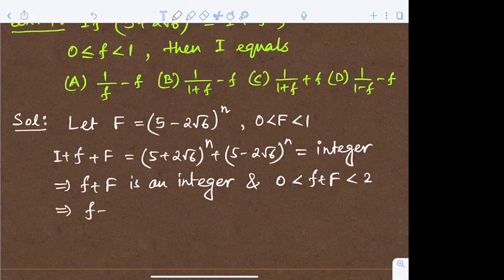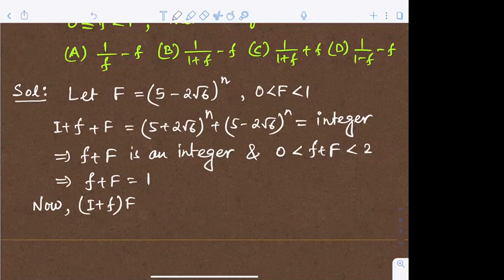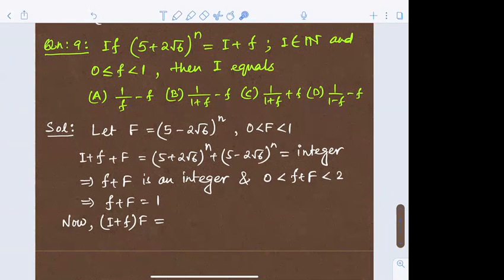That is 1. So small f plus capital F is equal to 1. Now, what is (I plus small f) into capital F? If I multiply them, what will I get? Look at the expression. I plus f is (5 plus 2 root 6) to the power n, and F is (5 minus 2 root 6) to the power n. If I multiply them, what will I get?